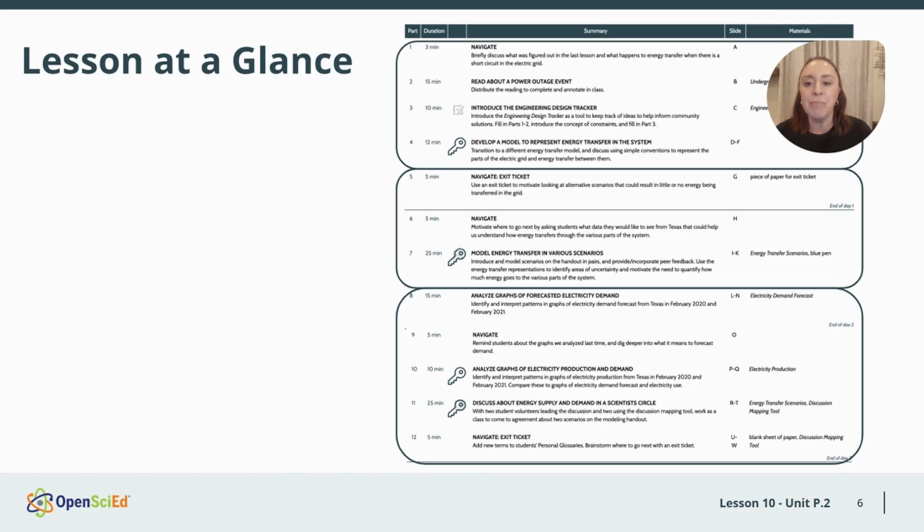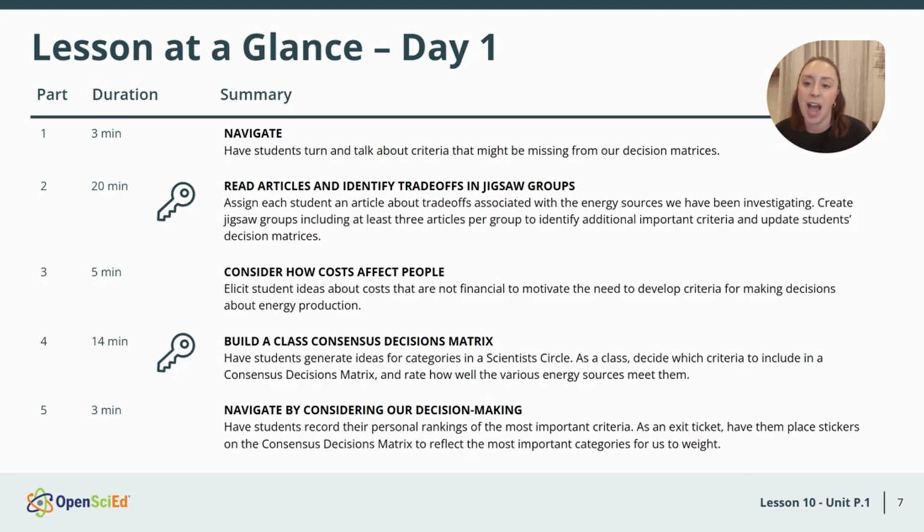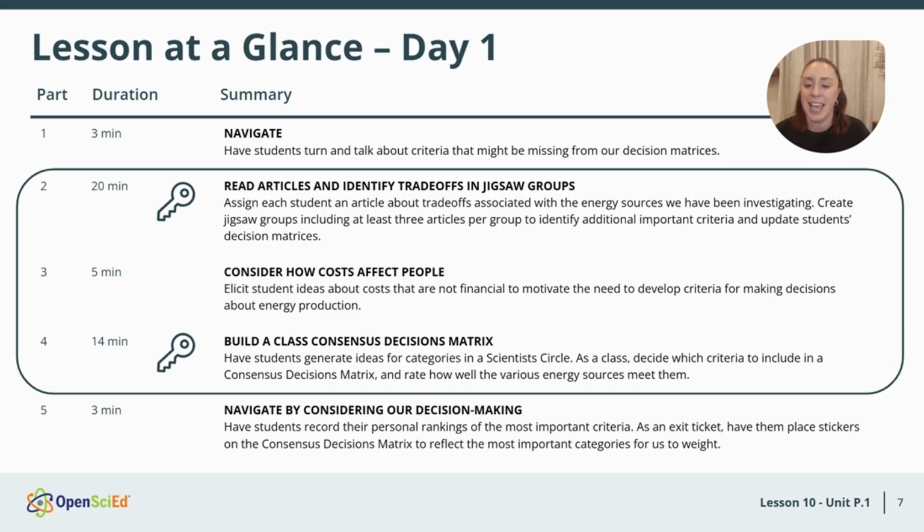So throughout this 3-day lesson, there are 3 key sense-making opportunities for students as we consider how we actually weigh all of the trade-offs and make ethical decisions. The first key sense-making opportunity comes in day 1 of lesson 10, where students are reading articles to help them identify trade-offs in all of the energy sources that we've been looking at since lesson number 4.